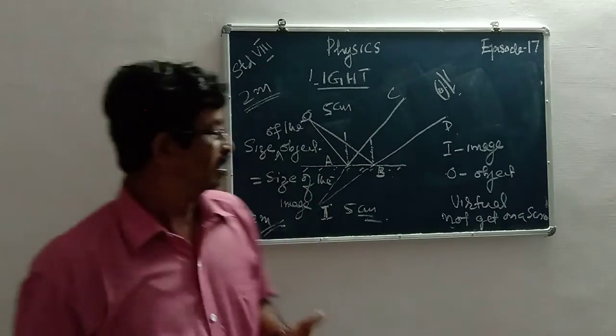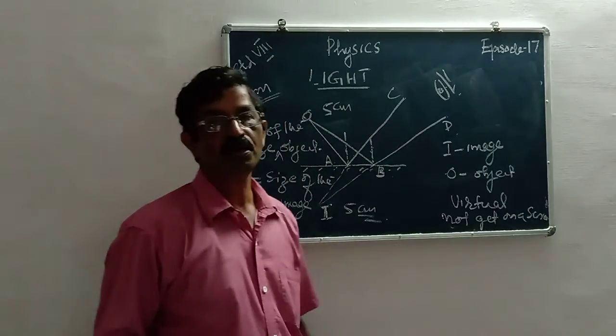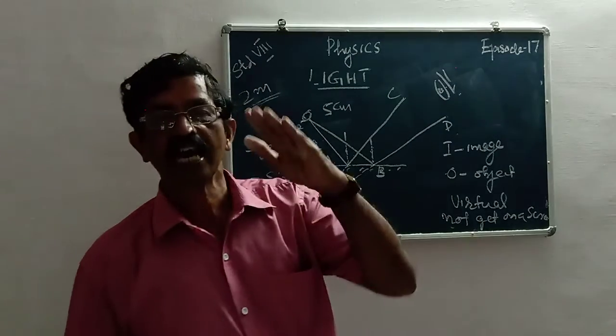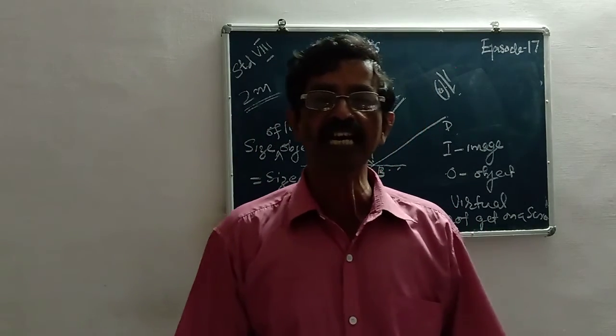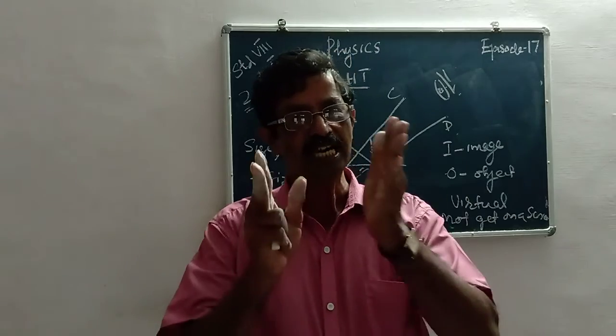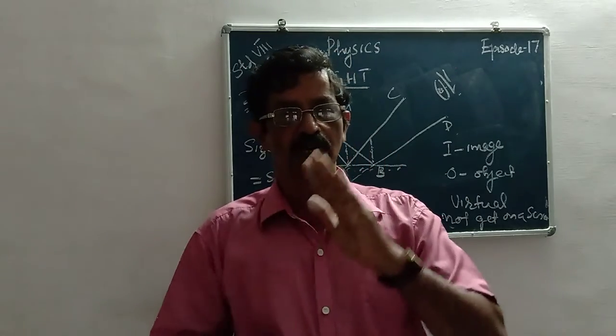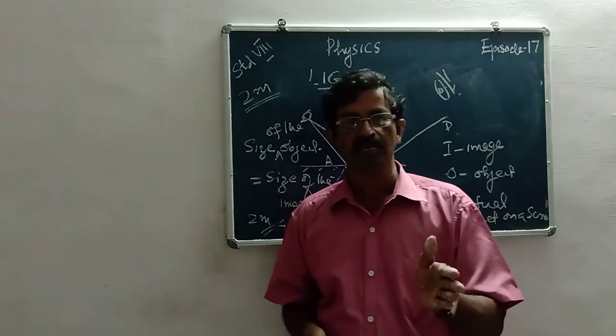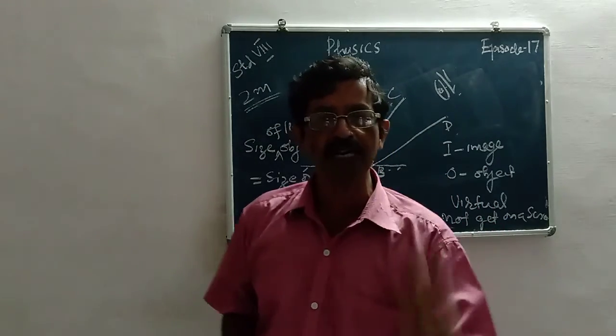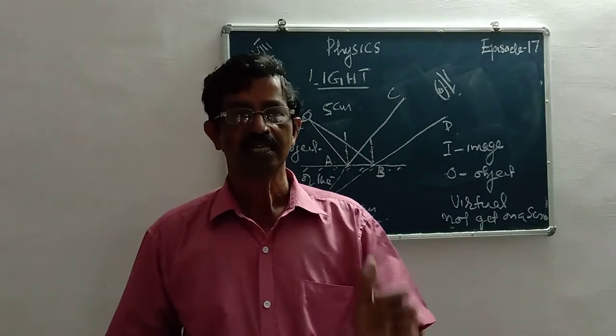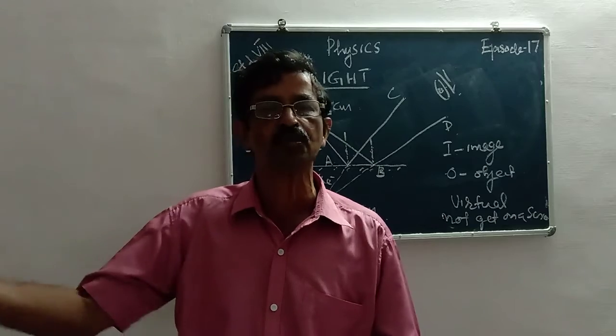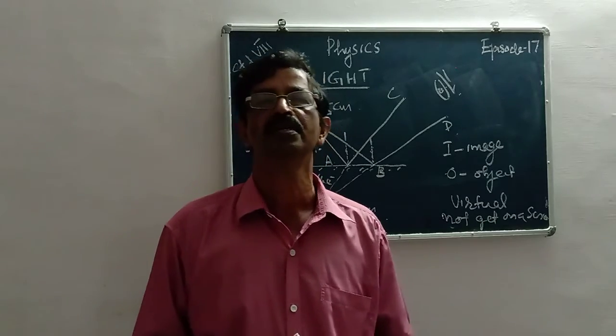Then the image is laterally inverted. Laterally inverted means that the left part of the object appears as the right part in the image.